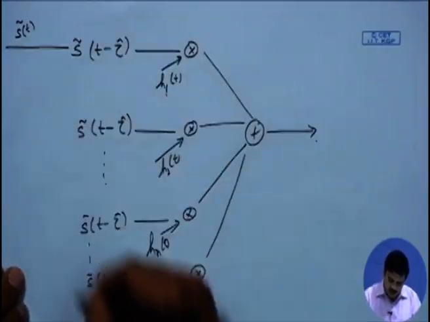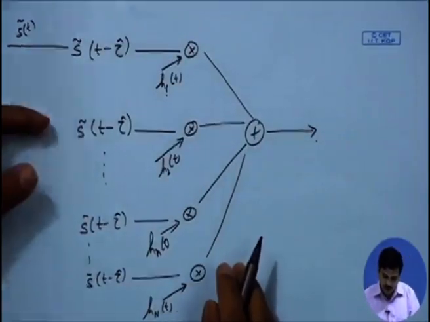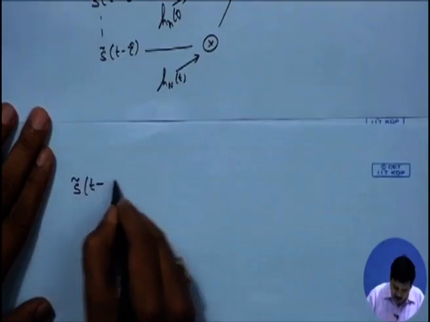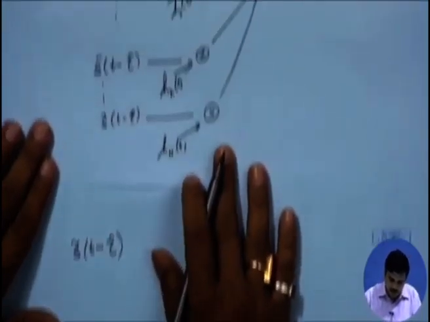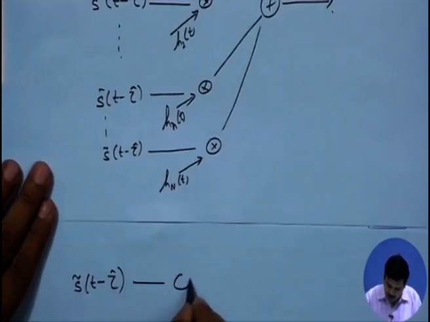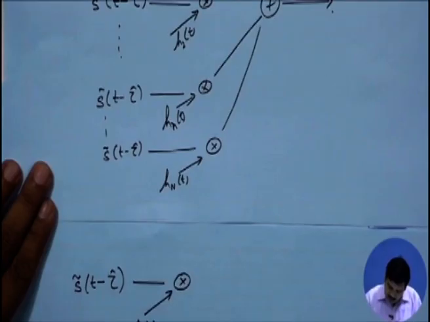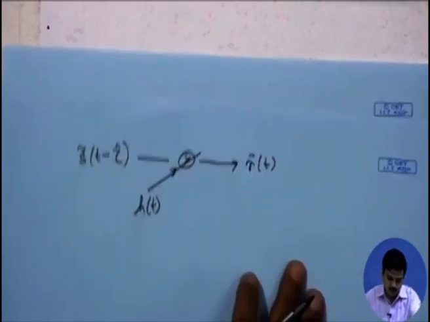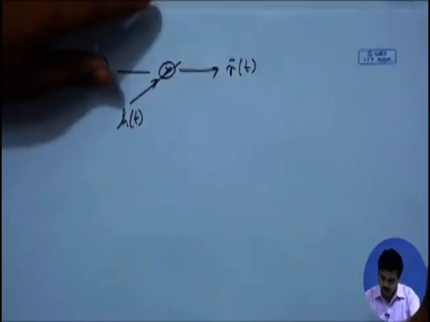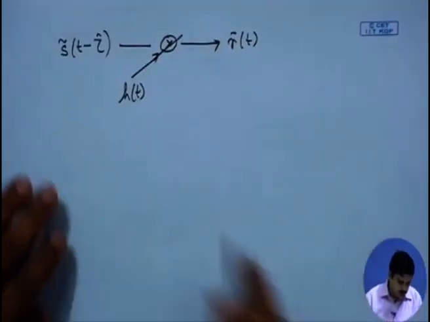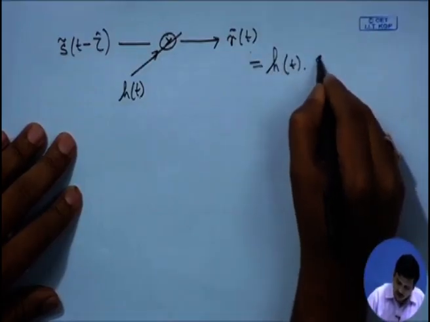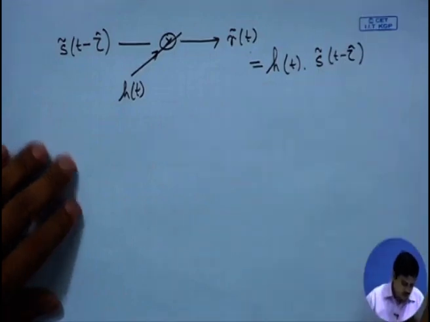Now, since all these delays are same, we could draw this example as if there is s tilde t minus tau cap coming from the source and it is getting multiplied by a single h of t as we have drawn earlier, and it is going out to give r tilde t, or in other words we could write r tilde t is equal to h of t multiplied by s tilde t minus tau cap.